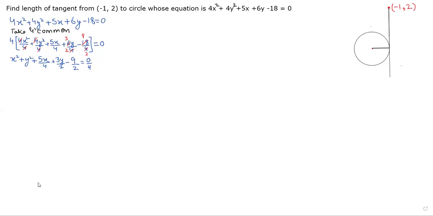Now 0 divided by 4 is 0, so basically you are going to have this thing over here, and this portion will become 0.